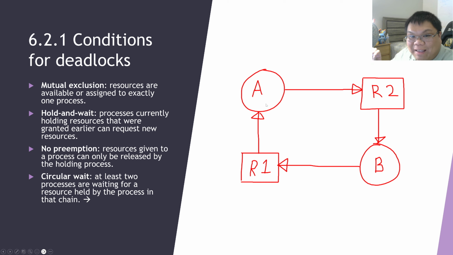So, let's back up. A needs resource 2, but it's held by process B. Process B needs resource R1, but it's held by process A. A cannot release R1 until it gets R2, but B cannot release R2 until it gets R1.